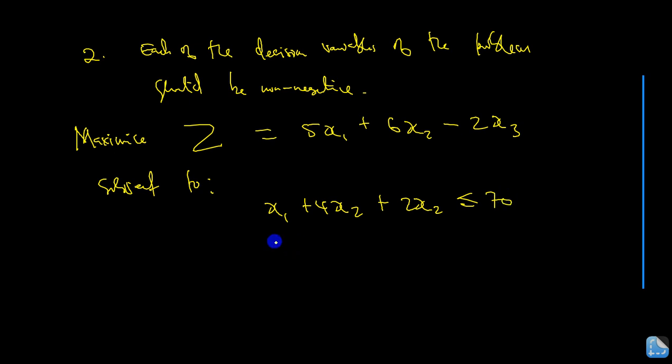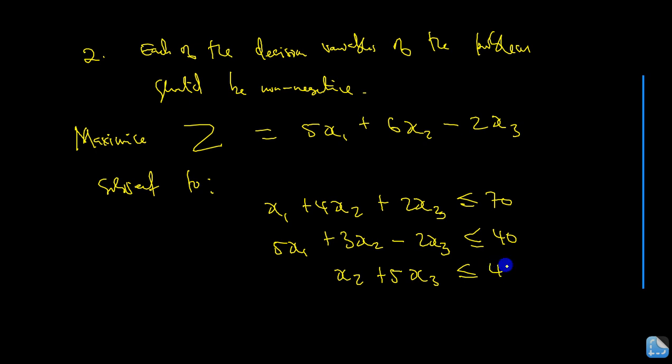Then 5x1 plus 3x2 minus 2x3 is less than or equal to 40. The last one, x2 plus 5x3 is less than or equal to 40 again.